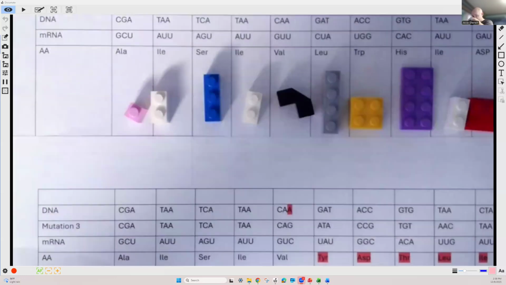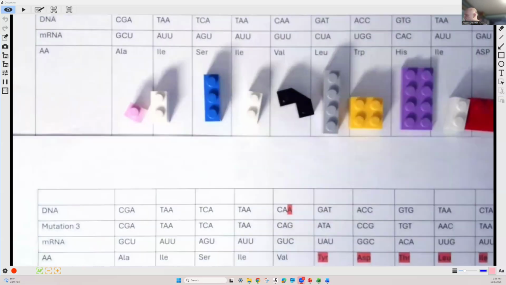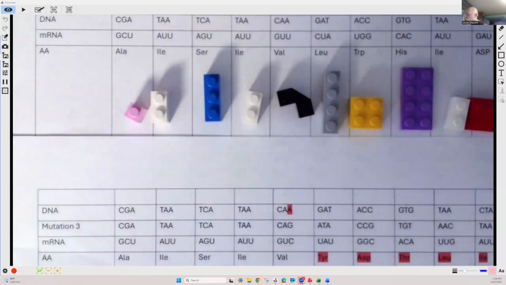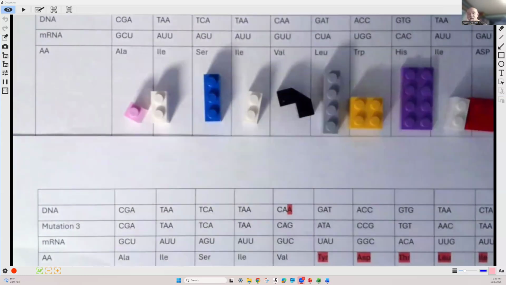So the big thing to take away from this little mini lesson is seeing how it goes into the grandma's cookie recipe that we talked about, where we have the DNA inside the house. It gets copied into messenger RNA by the process called transcription. Then the messenger RNA leaves the nucleus and becomes something inside the cell body.